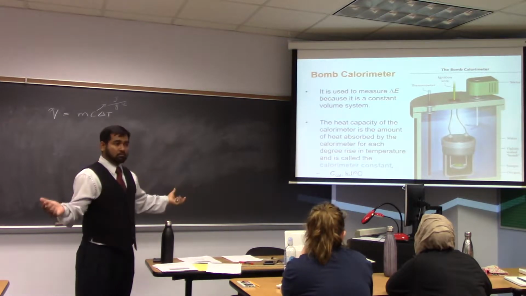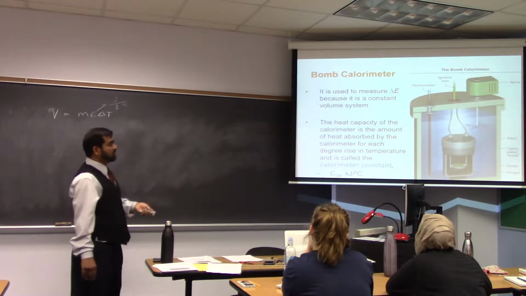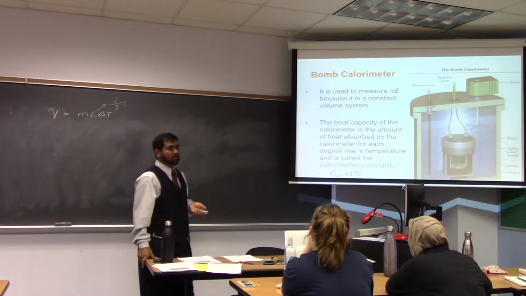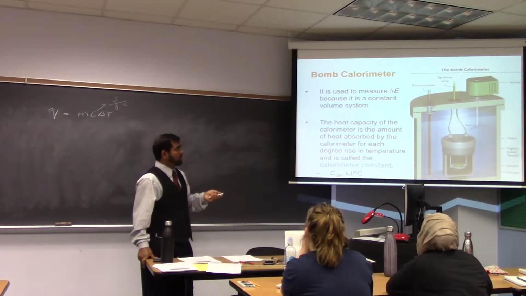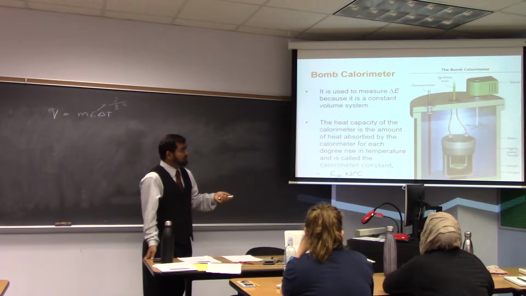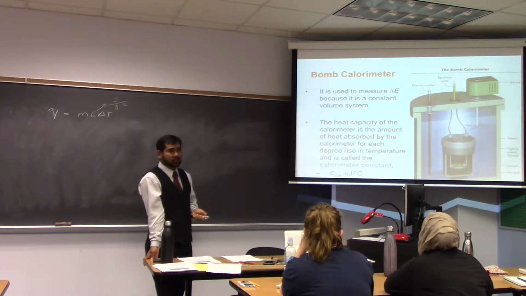It could be a bomb if it is not taken care of. As I said, this is a sophisticated way of measuring enthalpy. It's like a calorimeter, but it has two chambers, one inside chamber and one outside chamber. The inside chamber is made of metal, usually steel, and the outside chamber is made of concrete.